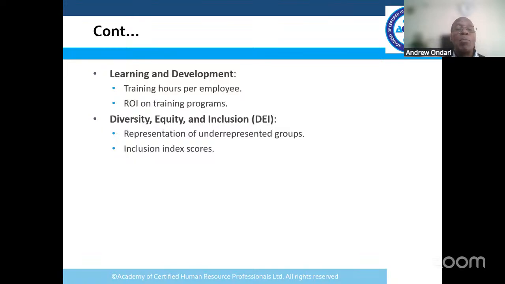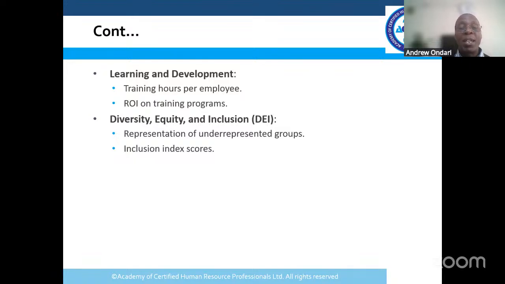So when we do benchmarking in terms of diversity and equity and inclusion, we are comparing ourselves with what other organizations are doing and how they are doing it. And then we borrow those best practices that we can implement in our own organizations.